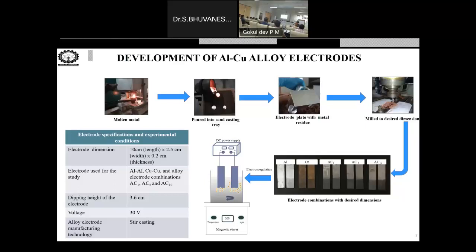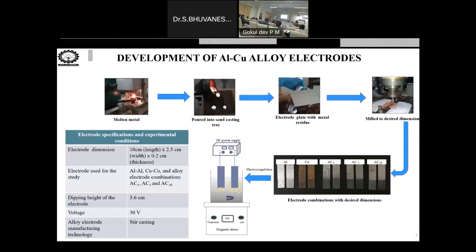For example, he has taken 3 different combinations: AC1, AC5, AC10. AC1 means 1% is copper and 99% is aluminum. AC5 means 95% aluminum and 5% copper. AC10 means aluminum is 90% and copper is 10%.